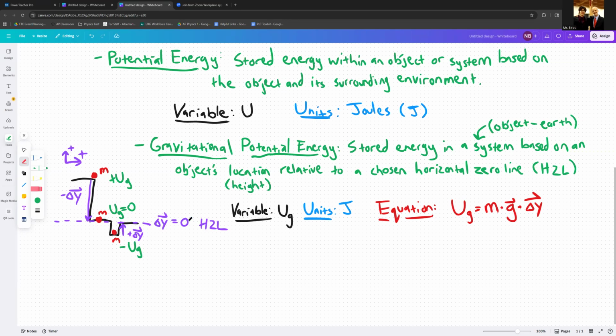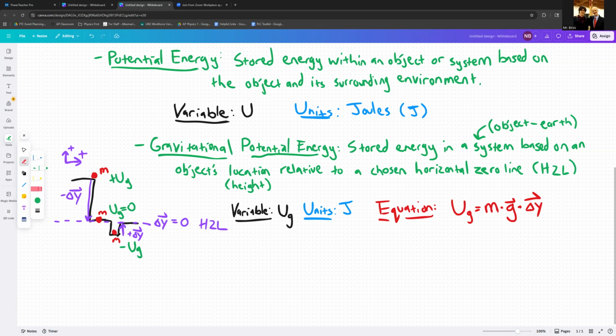Relative to this horizontal zero line. So the force of gravity can't cause this object to change in any way relative to the horizontal zero line when it's on the ground because it's already at the horizontal zero line. So we could think of it as there's no way for gravity to cause the object to get to the horizontal zero line. So there's just no energy present here.